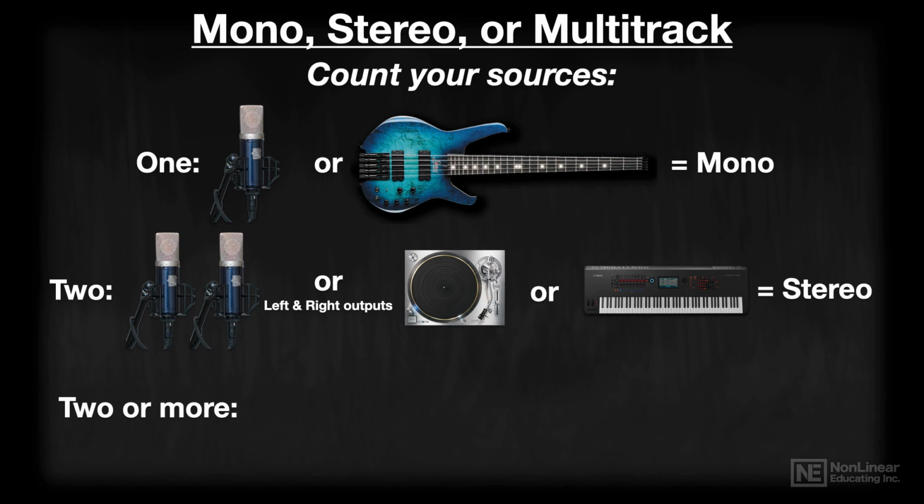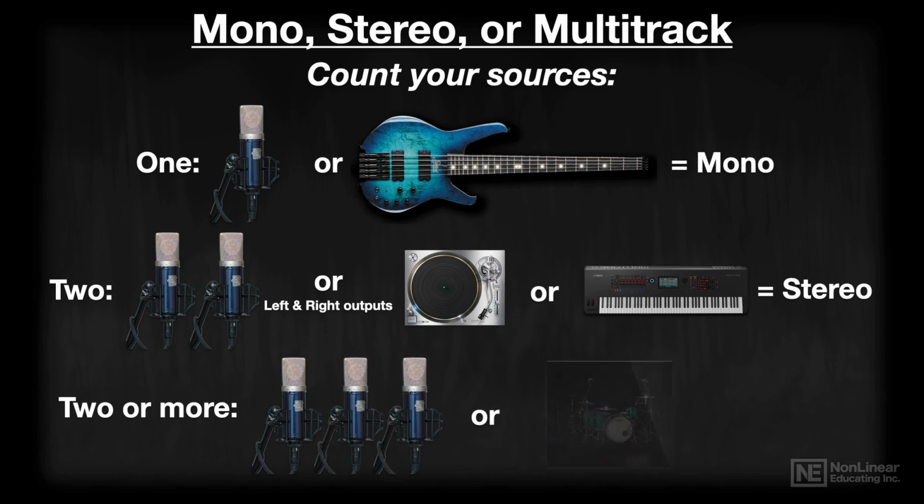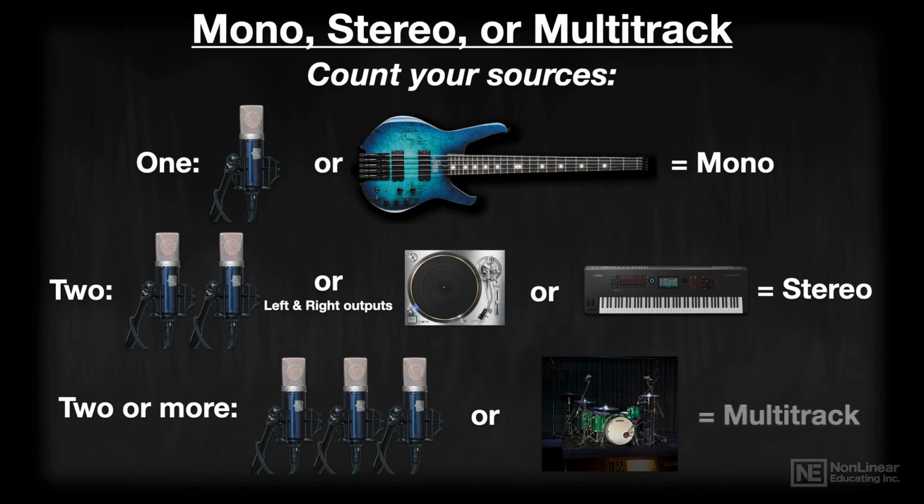Or if I were using two or more microphones to record maybe two individual singers simultaneously or three individual singers, or if I were putting multiple microphones on multiple instruments of a drum set, for example, then I would be recording in multi-track. So I would need multiple tracks upon which to record.